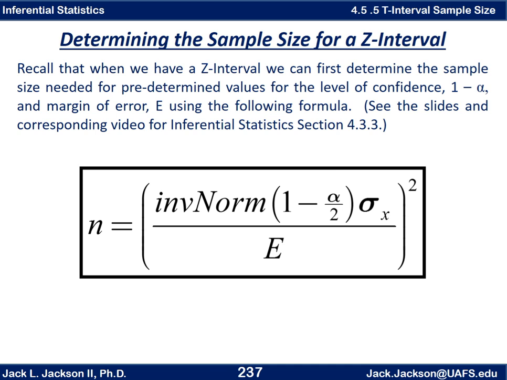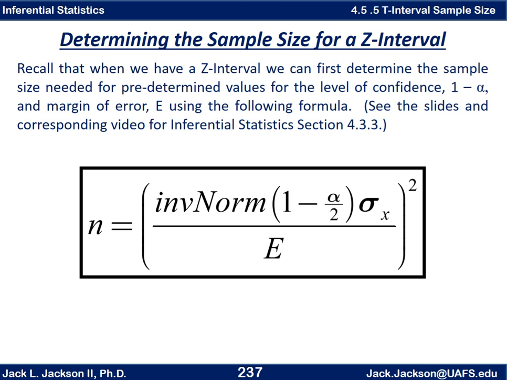That may not be a whole number, but always round up to a whole number n, and as long as you have that n or higher, you will have at least the level of confidence and the margin of error that you need.